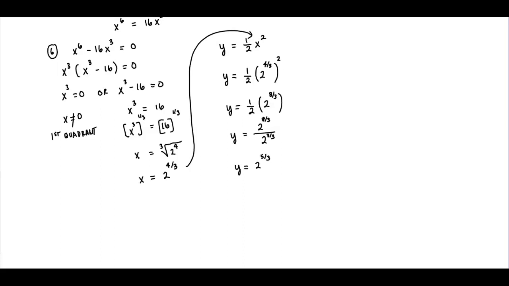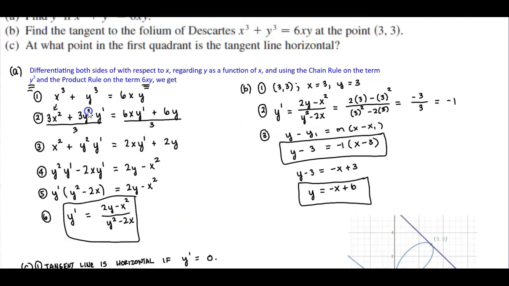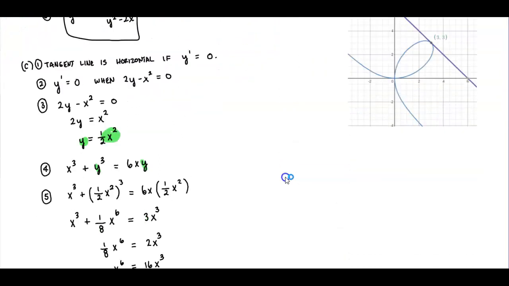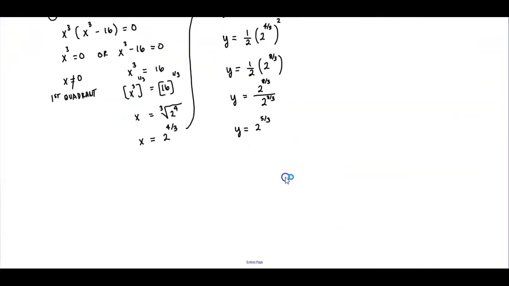So again, the question is asking us at what point in the first quadrant is the tangent line horizontal? Let's take a look at this point. This is an ordered pair of 2 to the 4/3 and 2 to the 5/3.